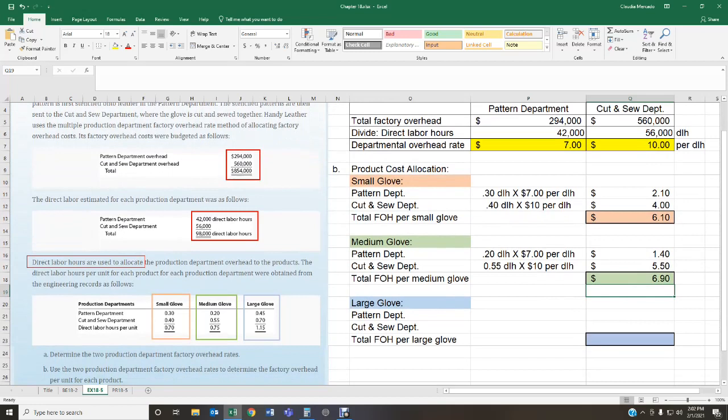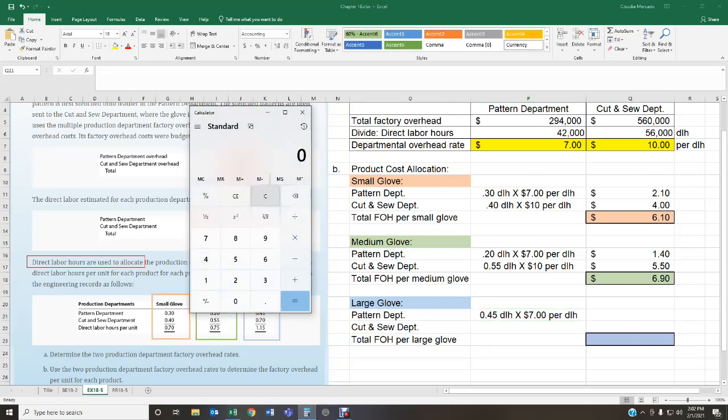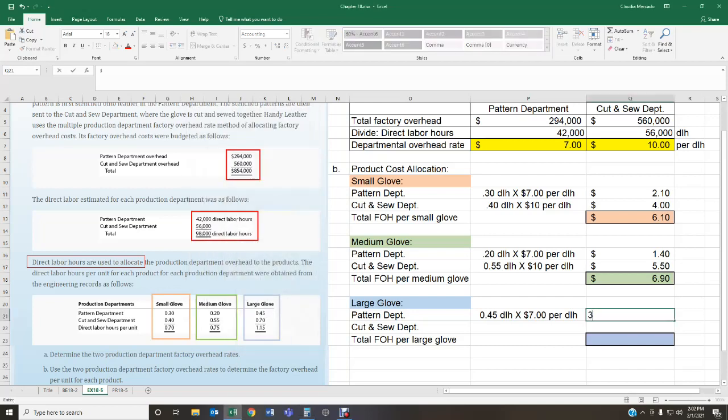We're going to do the same thing for the large glove. Now for the large glove, it takes me 0.45 direct labor hours times my $7. The rate does not change. Let's see what that gives us. That's 0.45 times $7, which gives me $3.15.